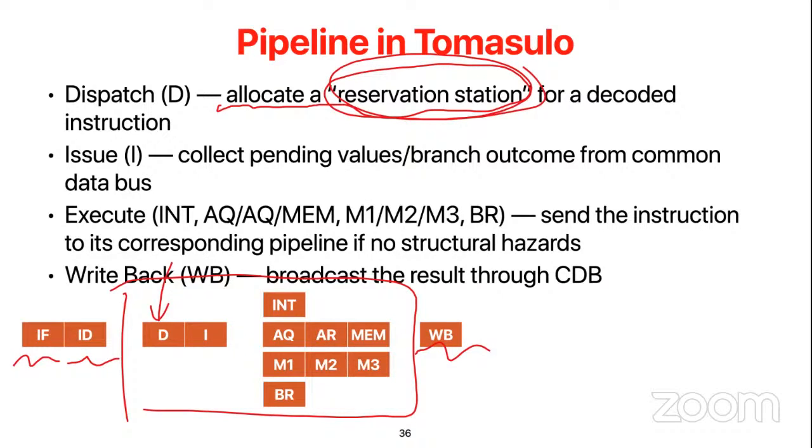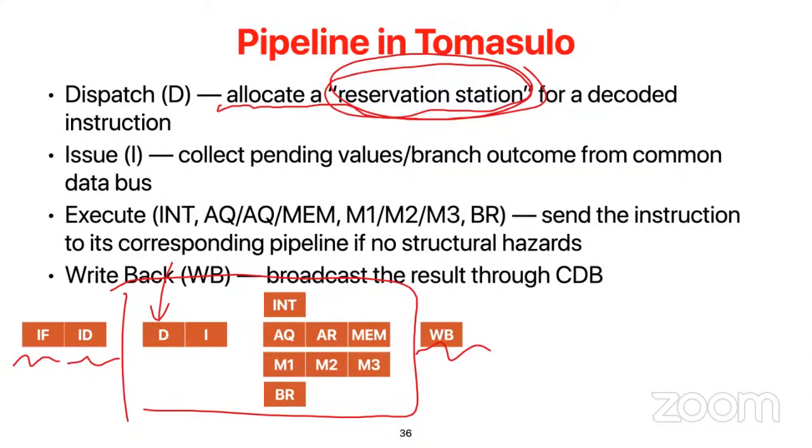So what is a reservation station? What I can say about a reservation station is that it is a storage of values. We mentioned that previously we have issues with false dependencies because instructions share the same register name.